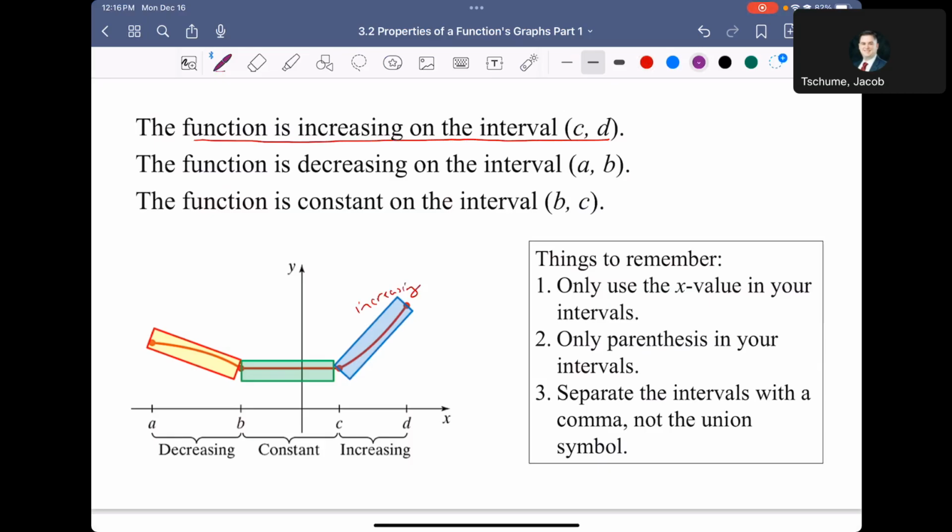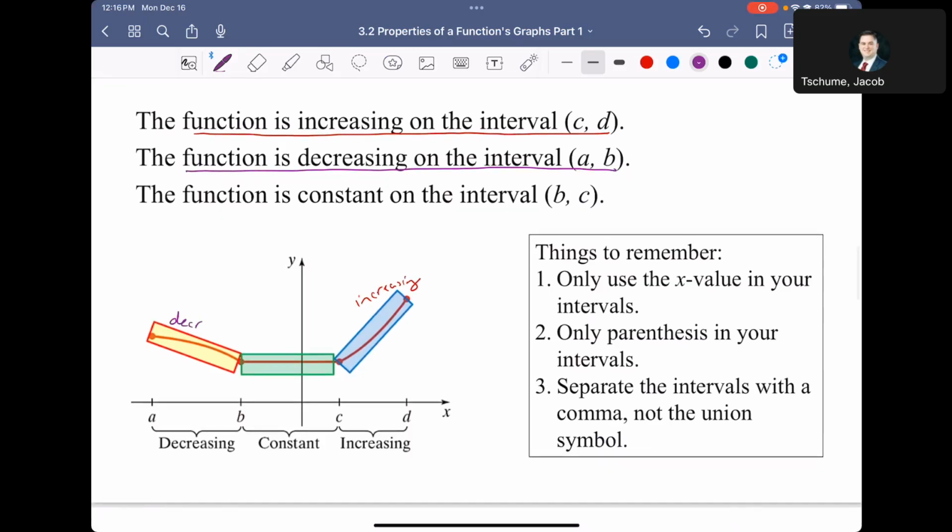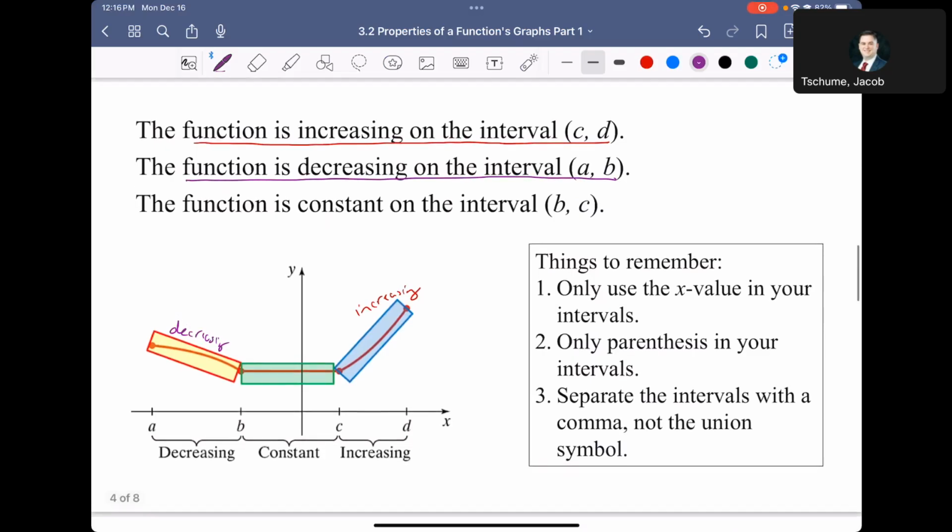On this exact same graph, we would say the function is decreasing on the interval a to b. This would be our interval of decreasing, because between the values of a and b, the graph is going in a downward direction. So if you're going down from left to right, we call that decreasing.